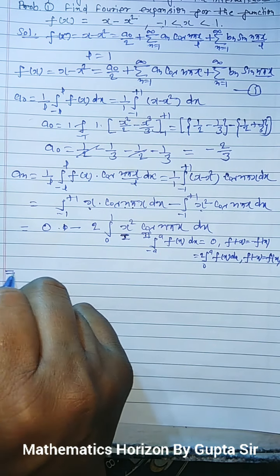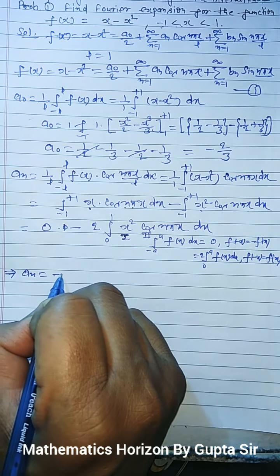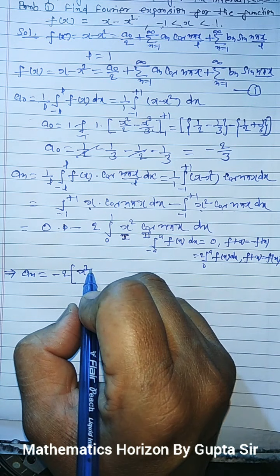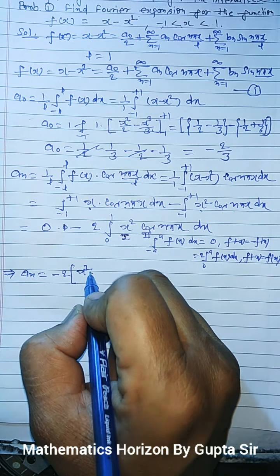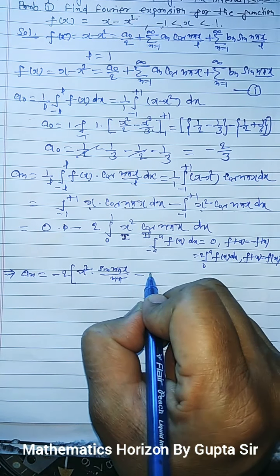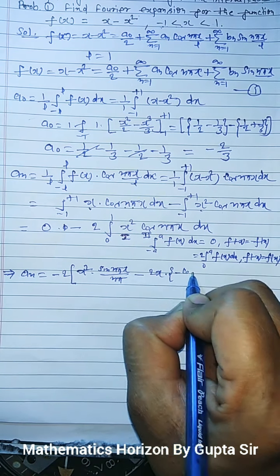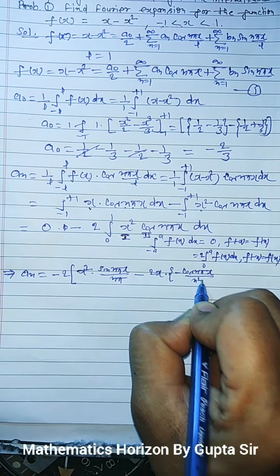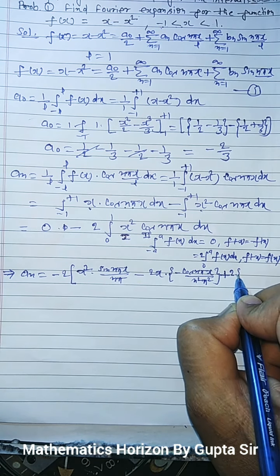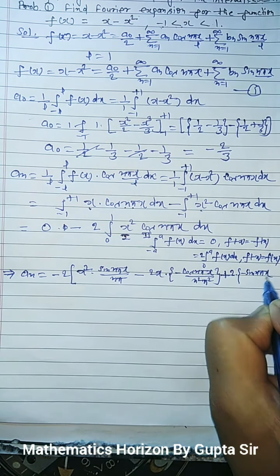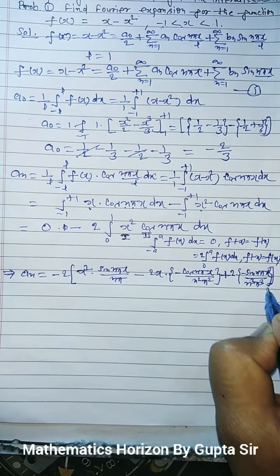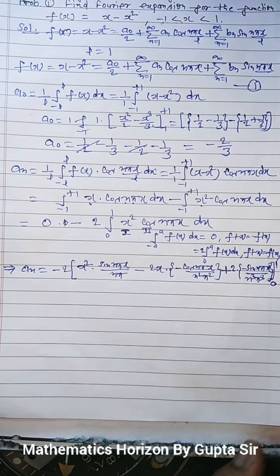That is, an is equal to minus 2 times: first function x square, integration of second, the integration of cos n pi x is sin n pi x upon n pi, minus differentiation of first, integration of second, that is minus cos n pi x upon n square pi square, plus differentiation of first, that is 2, integration of second, minus sin n pi x upon n cube pi cube, and the limit is 0 to 1. Here the limit of this integration is 0 to 1.